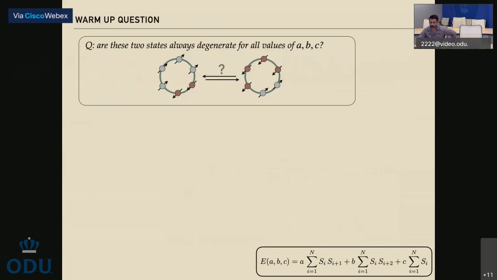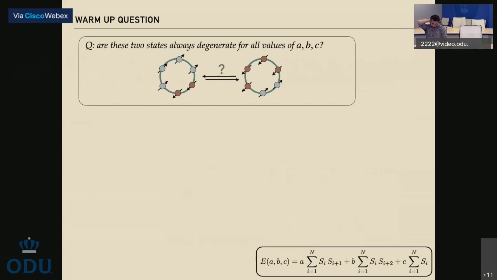Okay. And so here's another exercise. Here's an example where I can now ask you, are these two states going to have the same energy, meaning are they degenerate for all the values of A, B, and C?